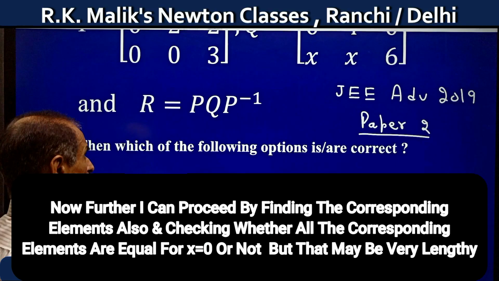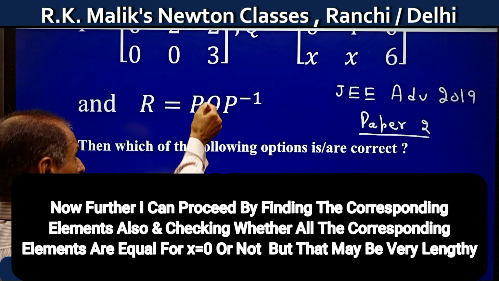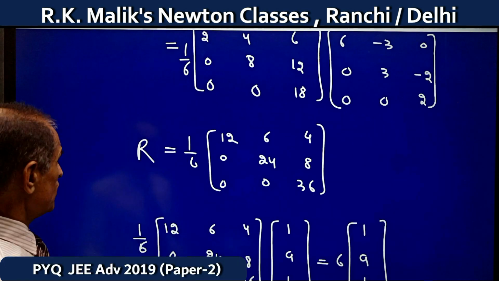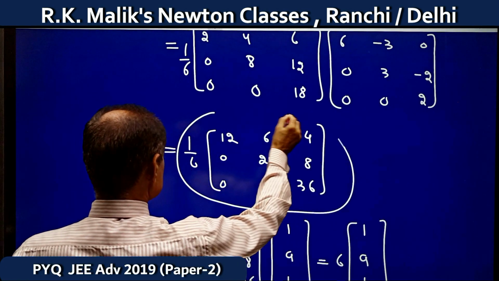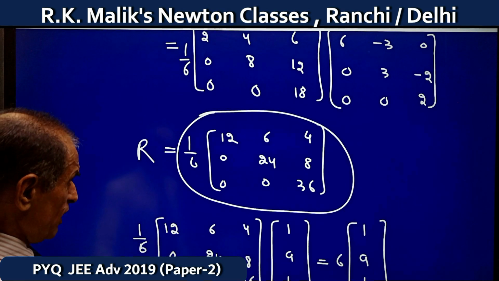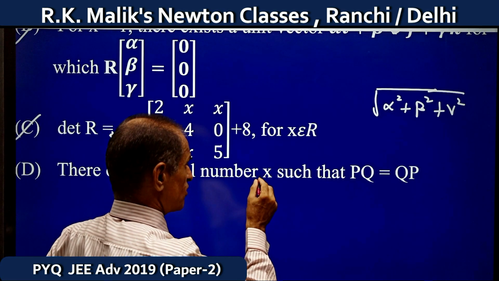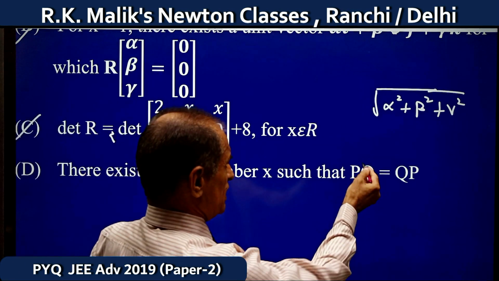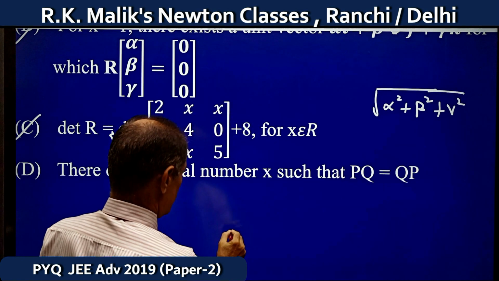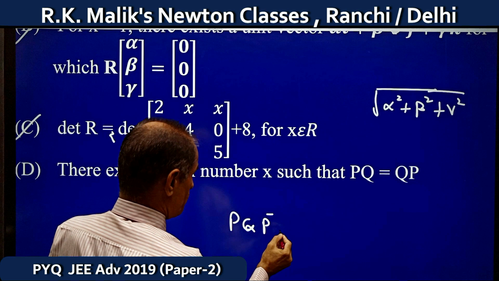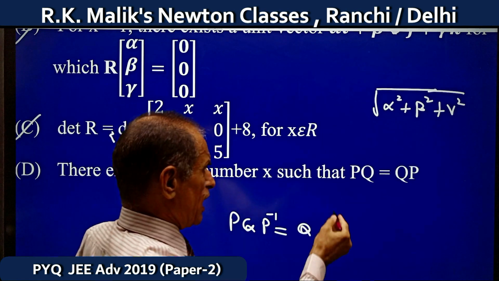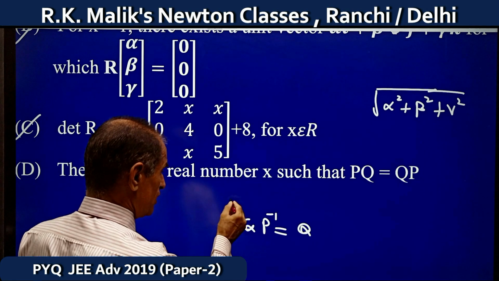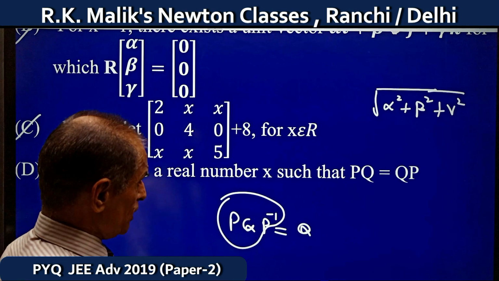Now it becomes very easy. We have already found the value of PQP inverse for x equal to 0. In the first choice I had calculated. Recall that this was the value of PQP inverse for x equal to 0. As we have found that these two can be equal only when x is 0, and equality of these two means PQP inverse is equal to Q. I have multiplied by P inverse on this side, and we already know the value of PQP inverse.